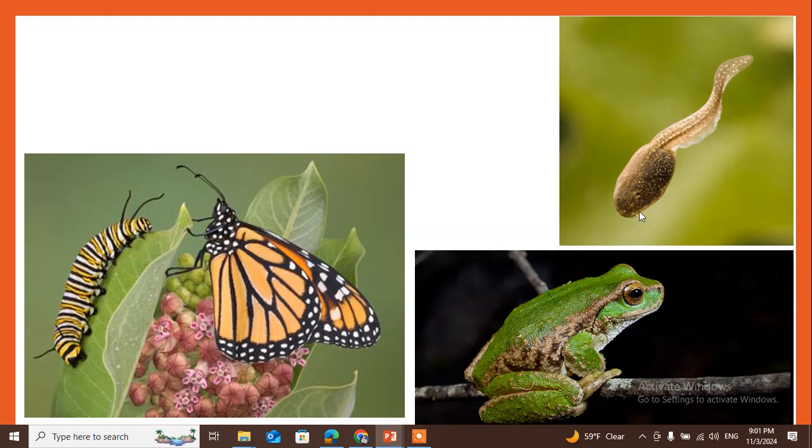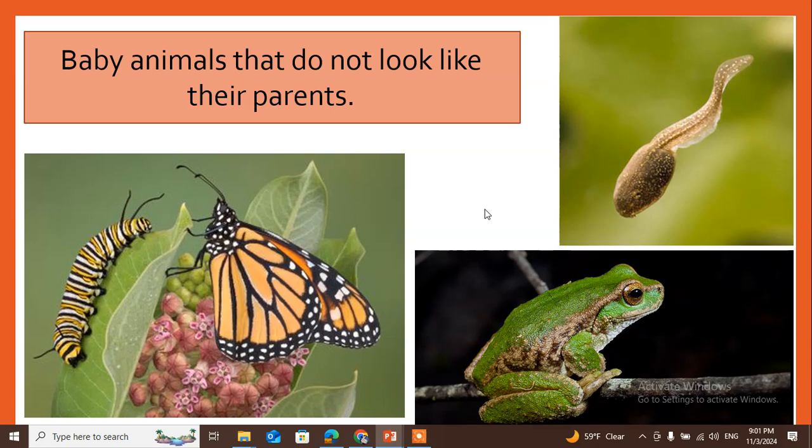So these baby animals, this larva, this tadpole, they look very different from their parents. They don't look like their parents.